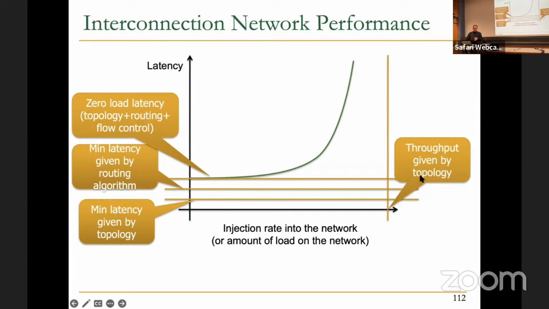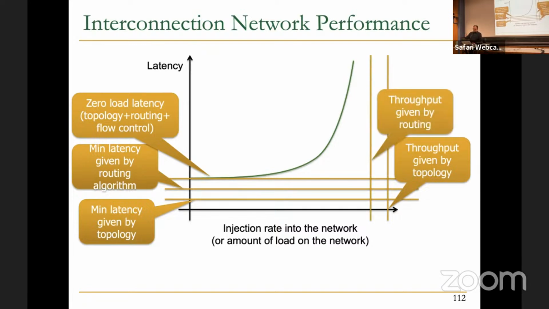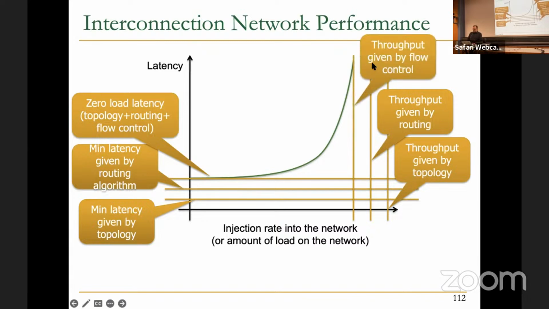Each topology has a maximum throughput it can theoretically sustain. But your routing algorithm might not be intelligent enough, so it can reduce the throughput of that network. Flow control can also reduce your throughput. That's the maximum throughput that you can get. We call it saturation throughput, the injection rate at which latency asymptotes.